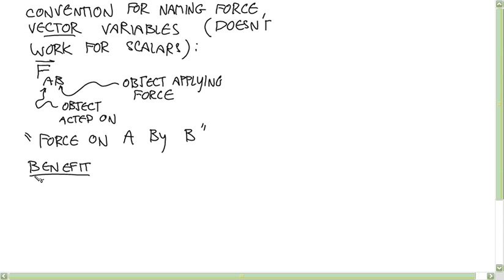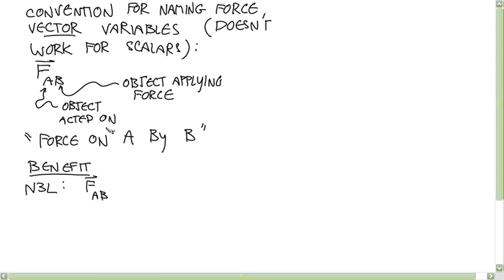So the benefit is Newton's third law just ends up being this. You know what Newton's third law is, right? Somebody tell me what it is. Equal and, yeah, right. For every action, there's an equal and opposite reaction. There are some tricky things to think about with it if you're thinking about it like the philosophers do.